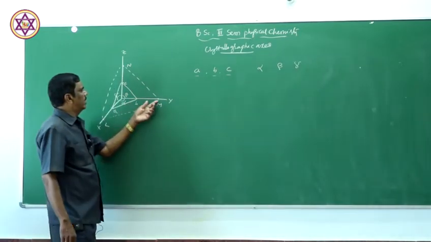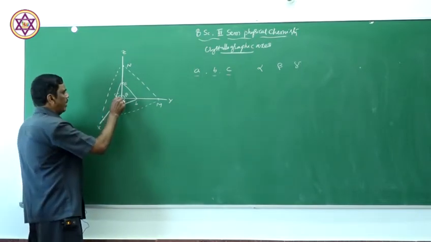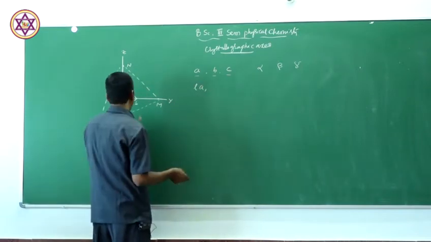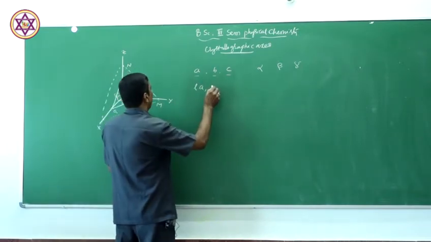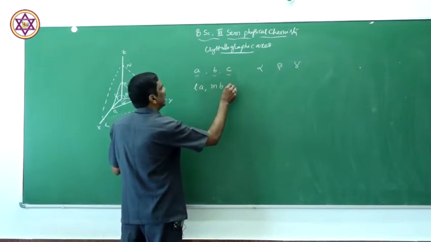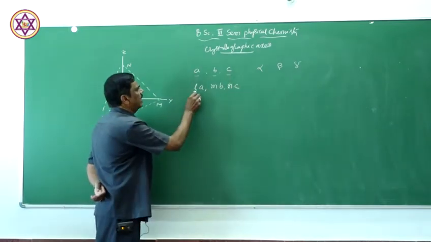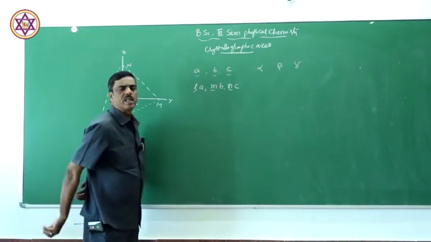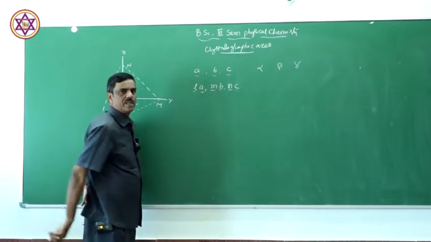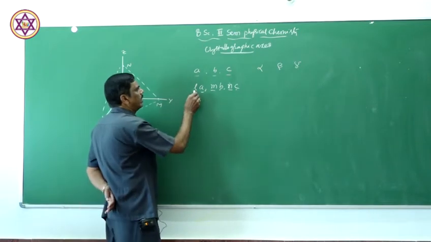Suppose you take the face LMN. The length from the origin is L times A, in the y direction M times B, and in the z direction it is N times C, where L, M, N are the coefficients of the unit edge lengths A, B, C. So, any face of the crystal can be identified by knowing these coefficients.